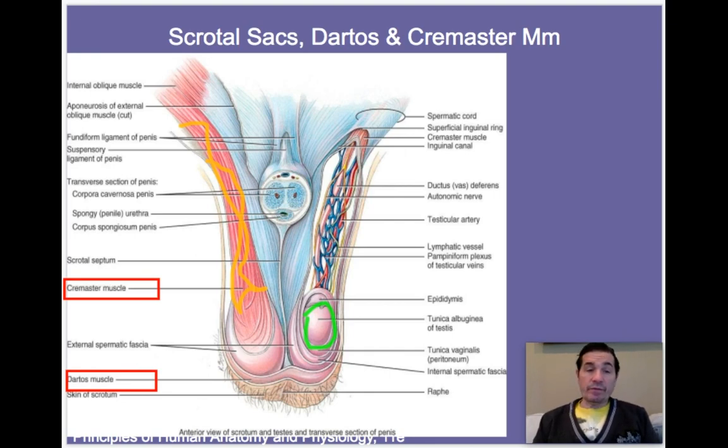And this is one of the reasons that men in general require protective gear during athletic activities. What happened to him was his left testicle got twisted and it actually cut off the blood supply in this area.